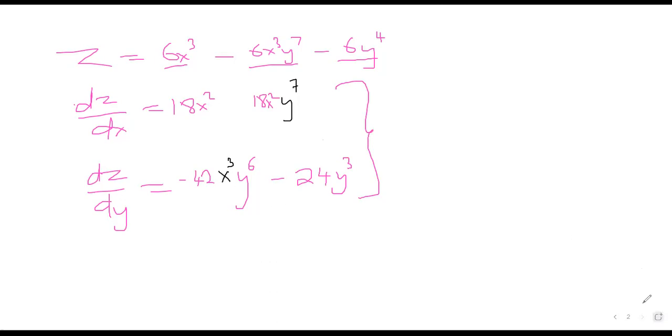So I want you to try with me. Suppose you're given q is equal to 10 L to the power 4, k to the power 8. So can you do dq over dl? What do we have? Which one is our dummy?